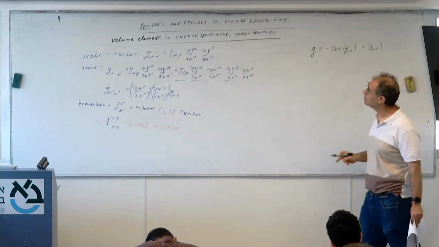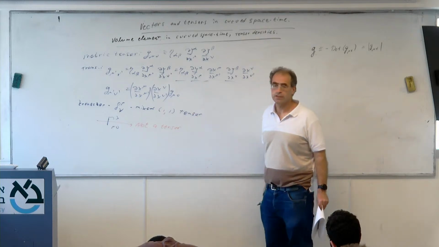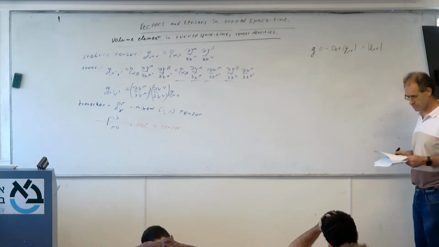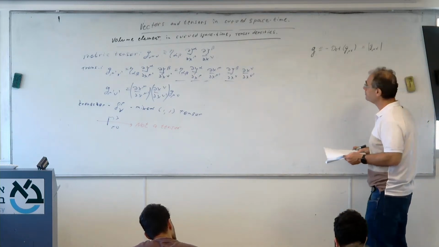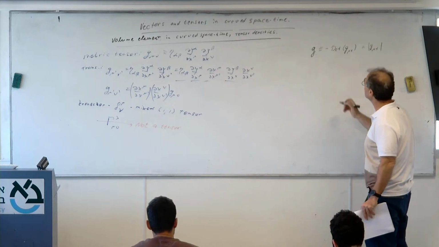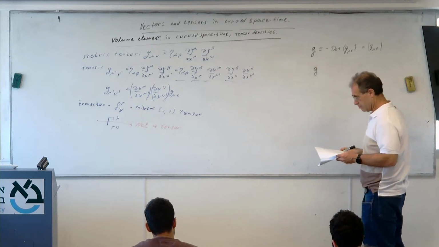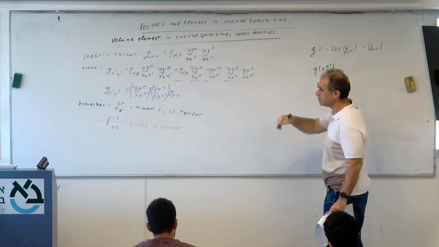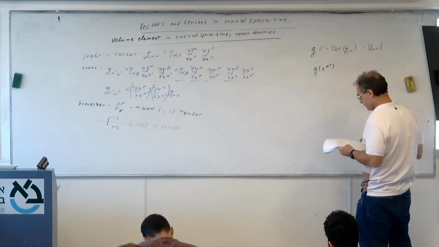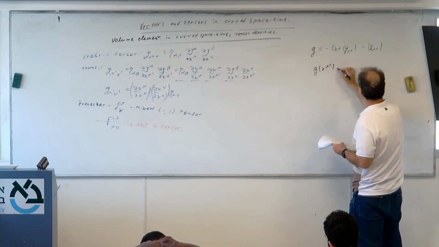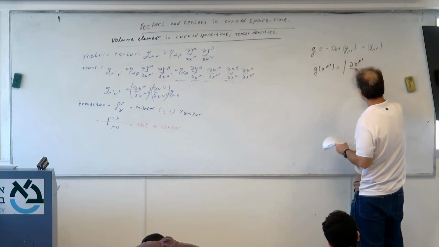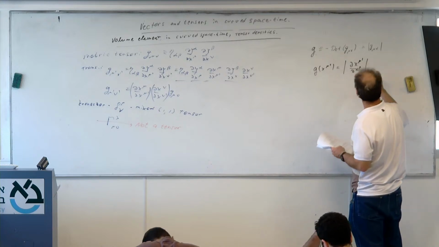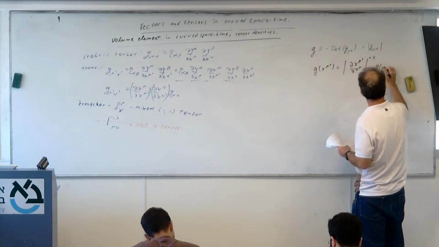If I take the transformation law of the metric tensor and I take the determinant, you maybe remember that from your linear algebra course. What happens when I take the determinant of that? What do I get? g expressed in the new coordinate system, g of x prime, is dx prime over dx to the power minus 2 times g of x.